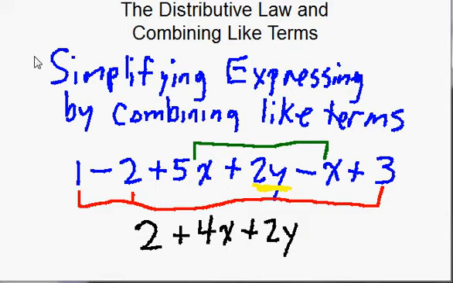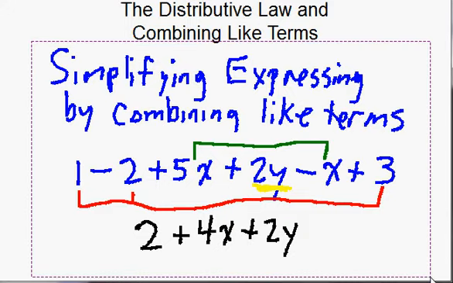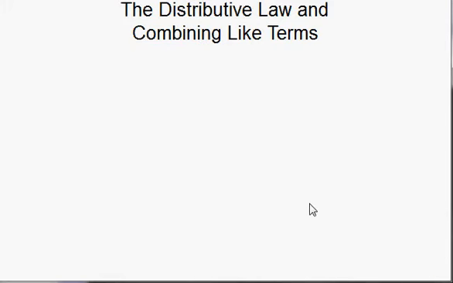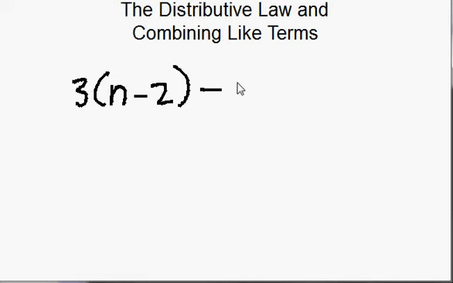Okay, so let's do a more complicated example now. Suppose I have 3 times n minus 2 minus 8n times 5n. I'm sorry, let's not do that. Let's not have a quadratic term in there.